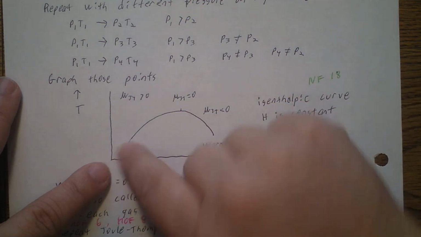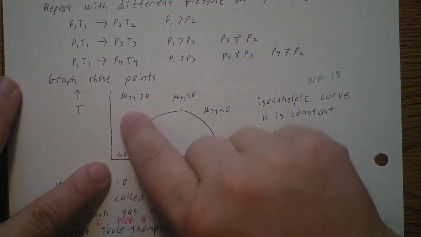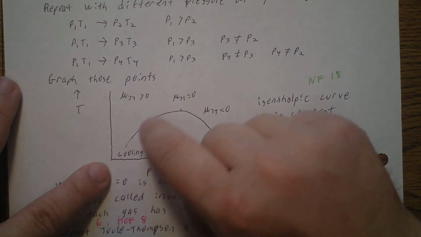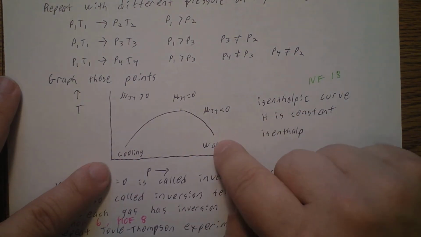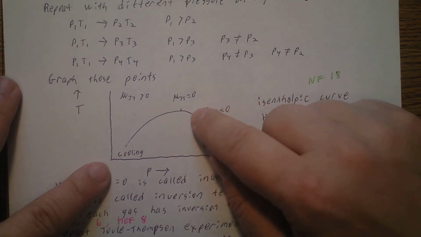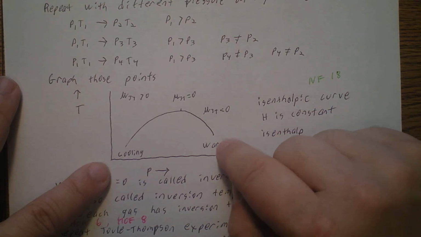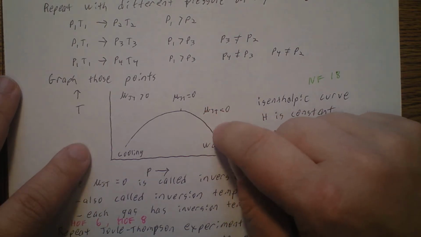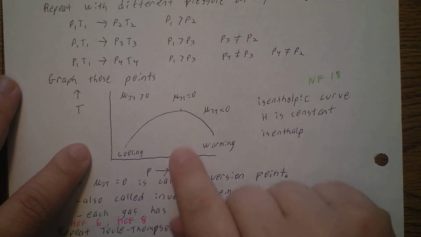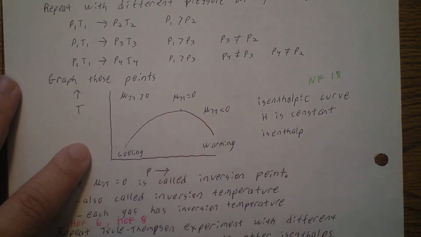Decreasing pressure means it's expanding, and the temperature will actually decrease when it's expanding. Over here, the pressure is increasing, so we're compressing it, so the temperature is going back down when we compress it. So over here, mu JT is less than 0.